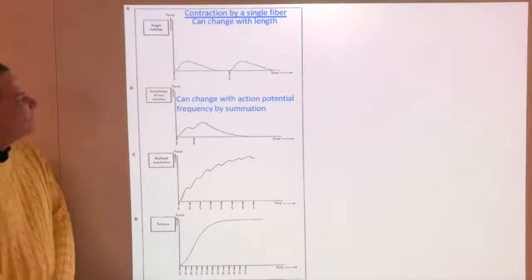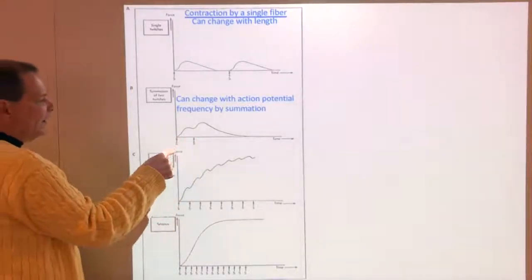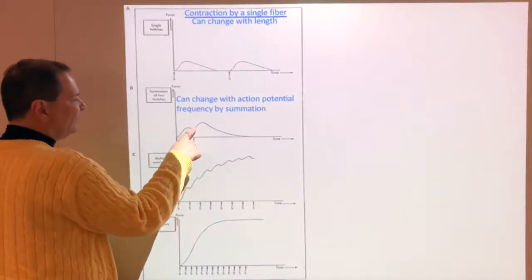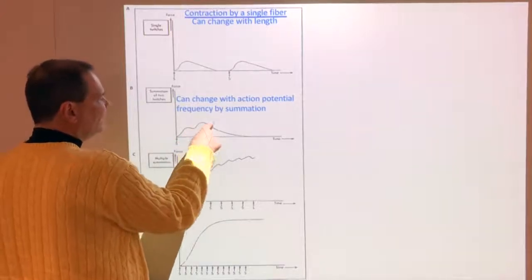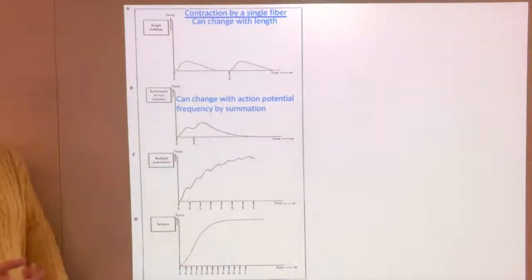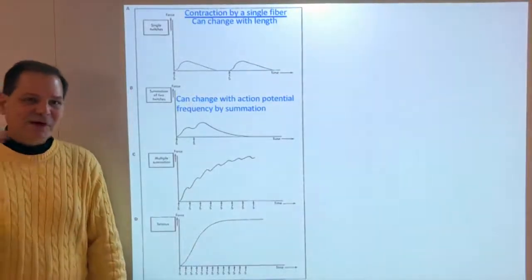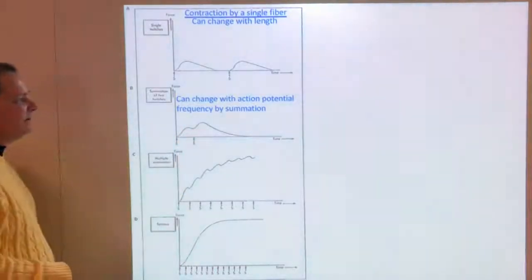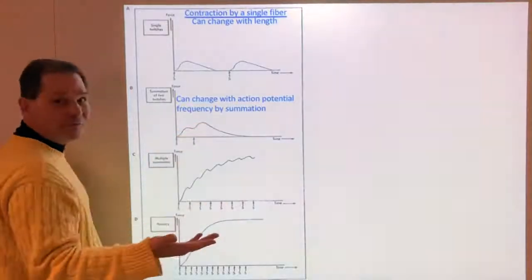I can stimulate really quickly so that I stimulate once, and then before the muscle has a chance to relax, I stimulate again, and what I get is an addition to the first stimulation. So I get summation, and you can do that. In your body, you can cause action potentials to fire repeatedly, and you can cause the amount of tension generated to build because you don't allow the muscle to relax.